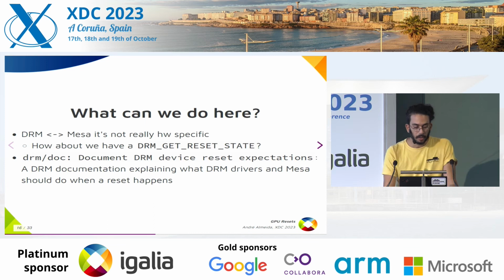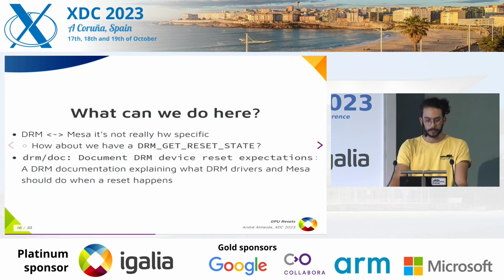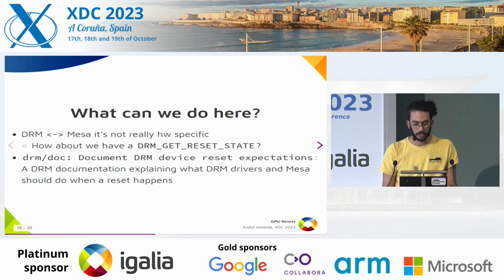Me and other user space and kernel developers managed to merge this patch to document DRM device reset expectations. It should be in the next kernel release. It's basically DRM documentation explaining what DRM drivers should do when a reset happens.